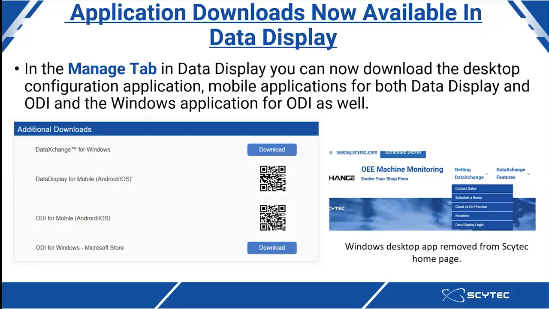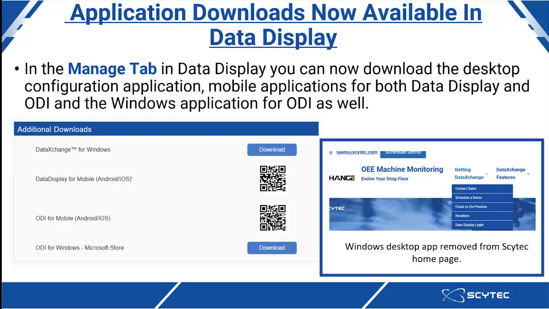But in this case, we also removed it from our main Scytec.com website, where typically you would have found the ability to download the desktop application from the Getting DataXchange tab there. That has now been removed, and you can see that the Data Display login is in its place.